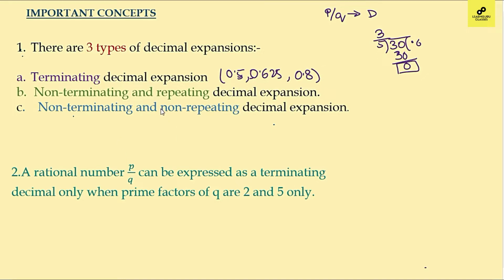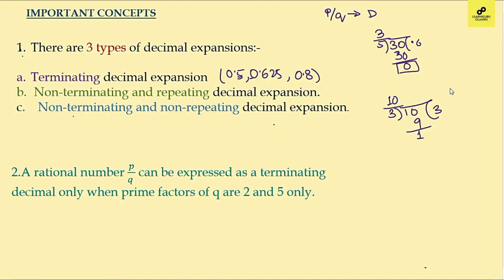Now let's come to non-terminating and repeating decimal expansion. For this, let us take another example, that is 10 divided by 3. This is a fraction. If we perform the division here, 3 threes are 9, remainder is 1.